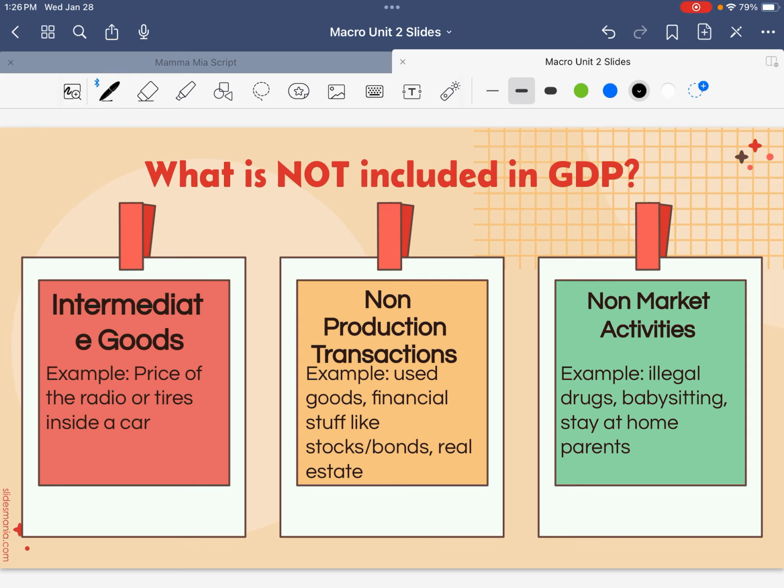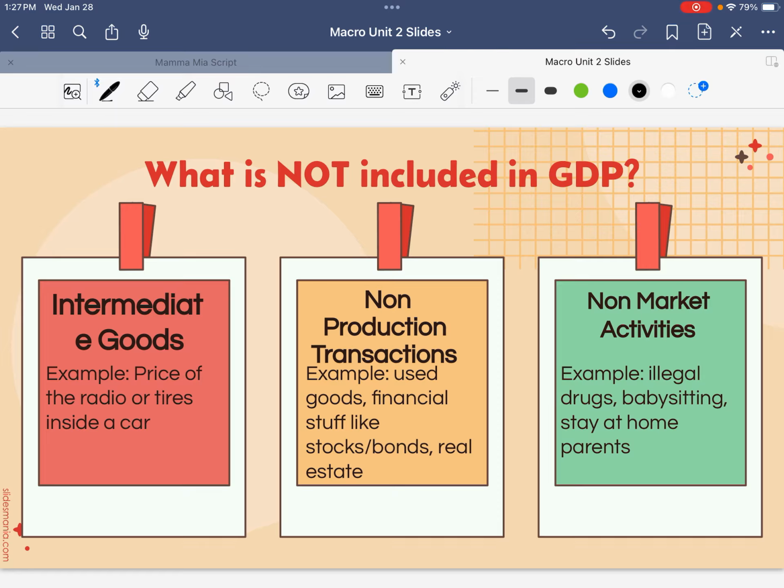Okay, next one. When nothing changes hands, no goods or services. If I buy stock in a company, nothing has changed hands. If I buy bonds from the government, which is a piece of paper investment, guaranteed money back, we'll get to bonds in Unit 4. Nothing really changed hands.